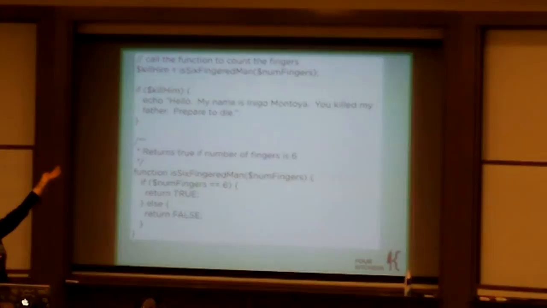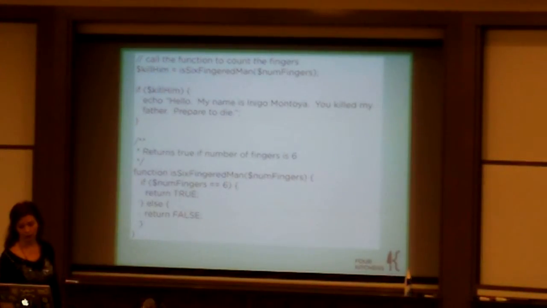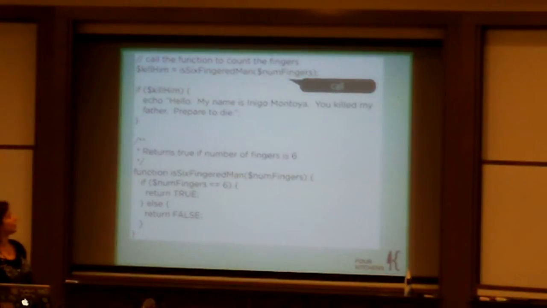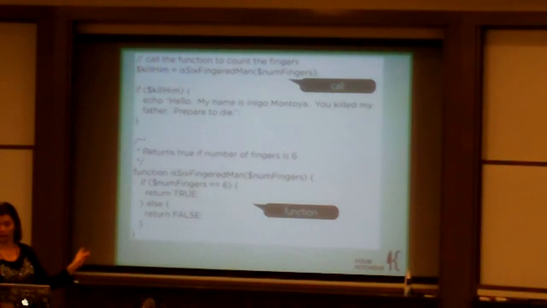So if kill him is false, then it won't execute this echo. If it's true, then it will. So I'm going to walk through this. That's the call to the function, and that's the function itself. So it calls the function, it runs the function, then it continues on.